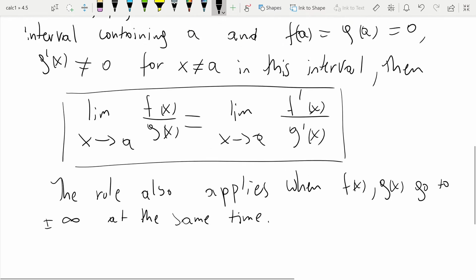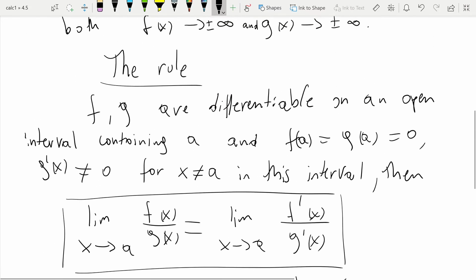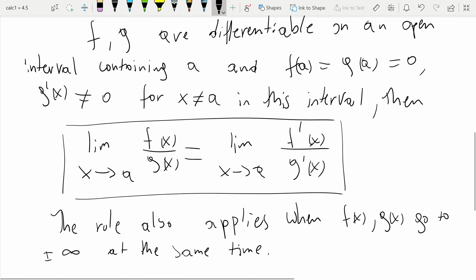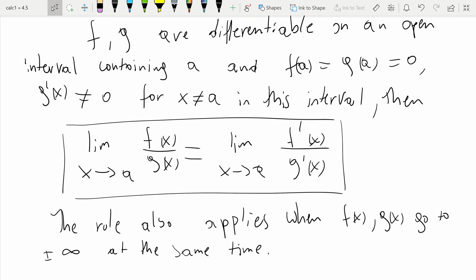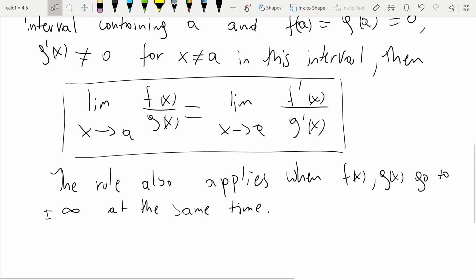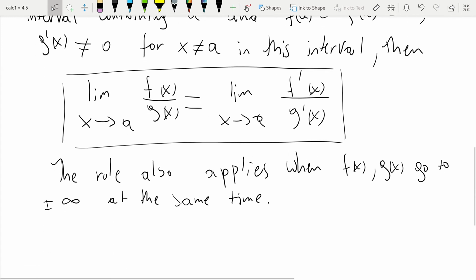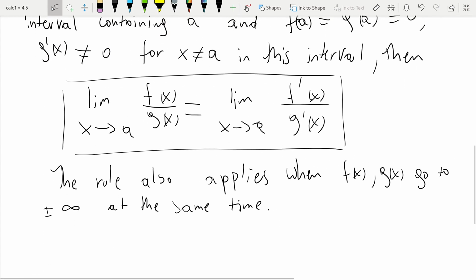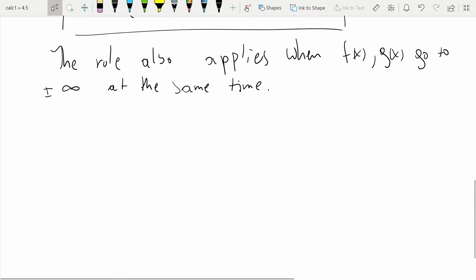Okay, so the hypothesis: if f is going to 0 and g is going to 0, you can apply this rule provided the g prime is not vanishing in an interval containing a. You can say the same thing when f and g are both going to infinity. And in that case, you can also differentiate f, differentiate g, and compute the quotient and take the limit of that expression instead.